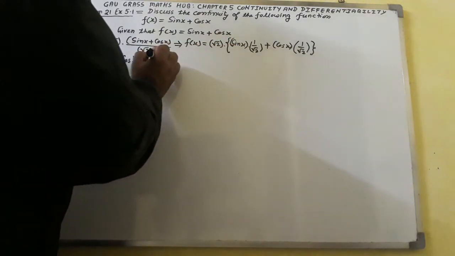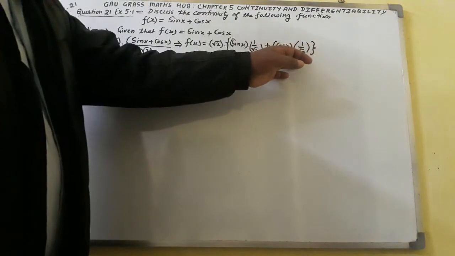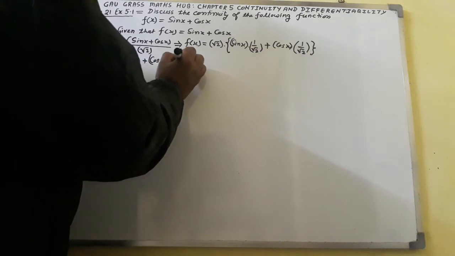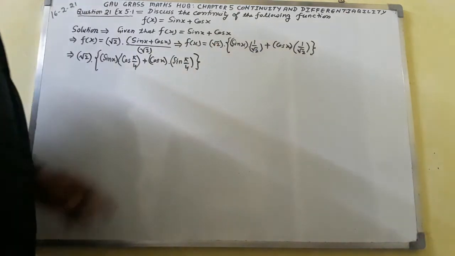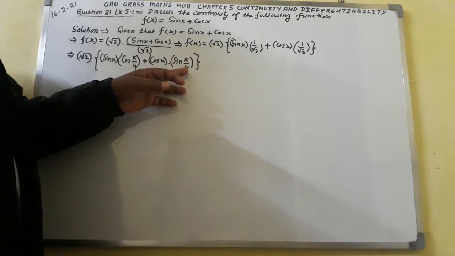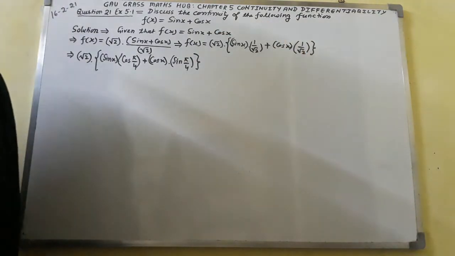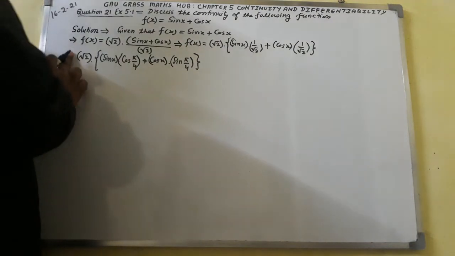Similarly, 1 over under root 2 can be written as sin pi by 4. Sin pi by 4: 180 by 4 is 45, and sin 45 equals 1 over under root 2.